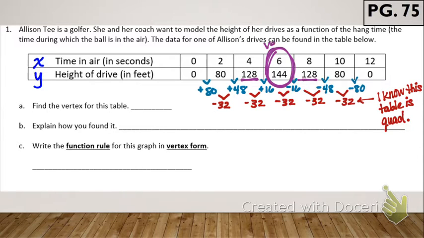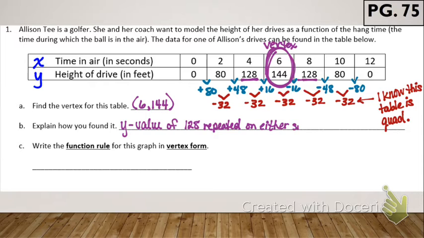This is my vertex. The y value of 128 repeated on either side. Y values went from getting bigger and bigger and bigger to all of a sudden smaller and smaller and smaller.